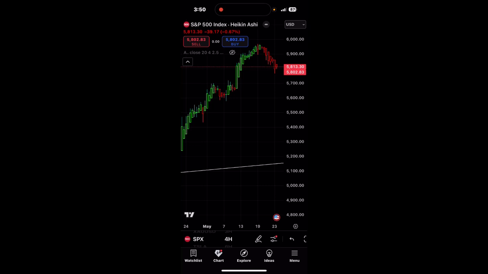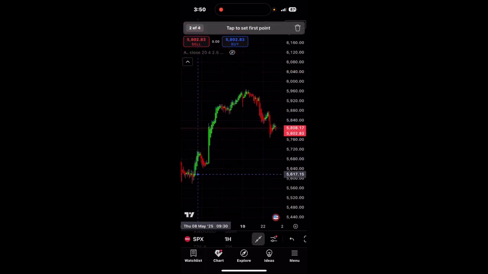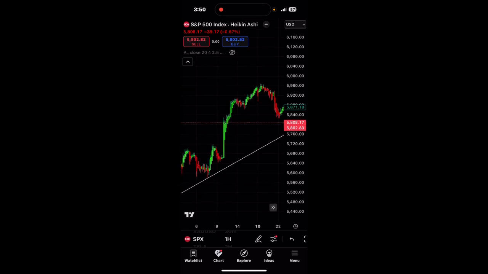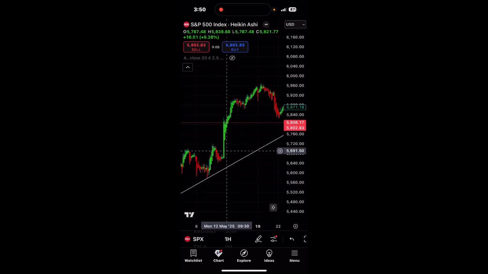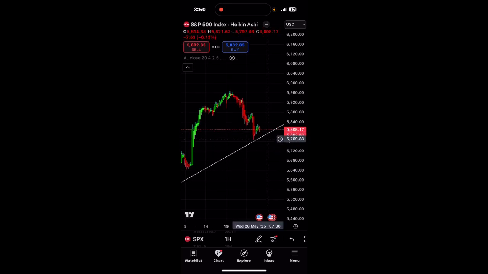Let's look at this more intraday level. We'll look at this on the hour. So I see a connection point here to here on the 1 hour. And you see it touch here. It goes up, starts coming down, and it's going to touch it again and start coming back up.